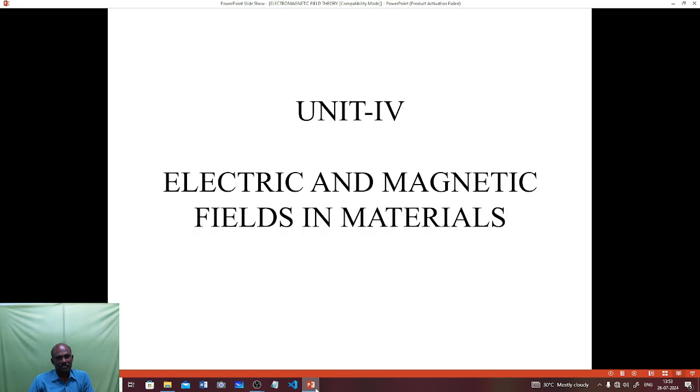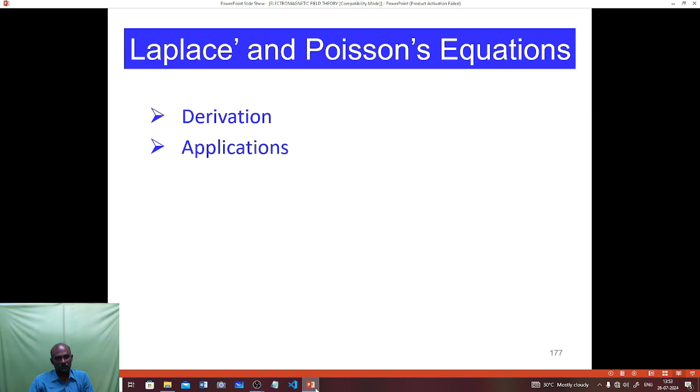The fourth unit is electric and magnetic fields in materials. Here as materials, we have the capacitor and the inductor. A capacitor is an electric field material and an inductor is a magnetic field material. We are going to use Laplace and Poisson's equations.